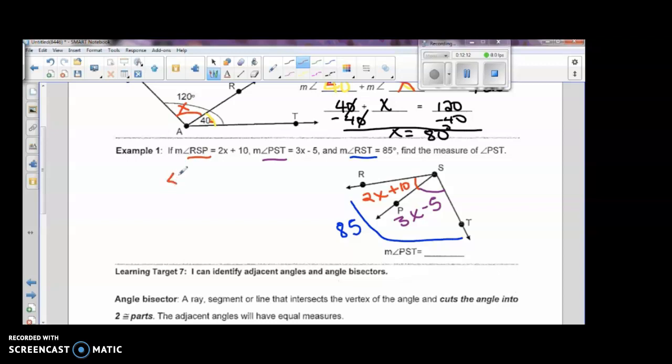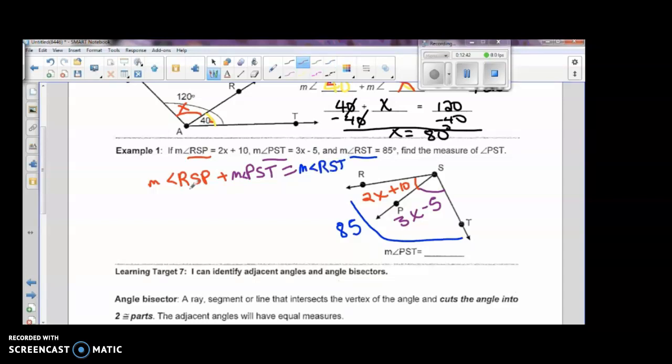Now, getting back to our part plus part equals whole, we'll say one part, measure of angle RSP, plus purple, measure of angle PST, oops, forgot the angle sign, equals, in blue, measure of angle RST.